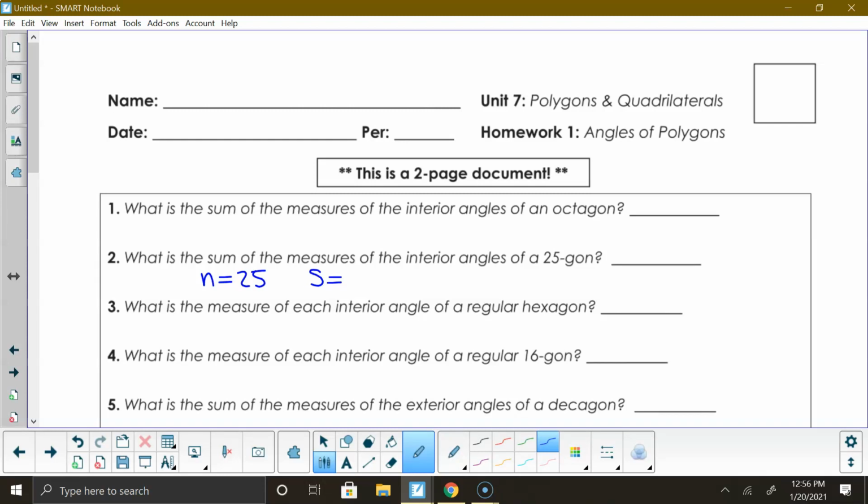I highly recommend using my calculators because it's going to get rough here in a minute with adding, and your iPhone calculators are going to make you want to cry. So go grab a nice fancy one. So all you're doing is plugging in 25 for n in that first formula.